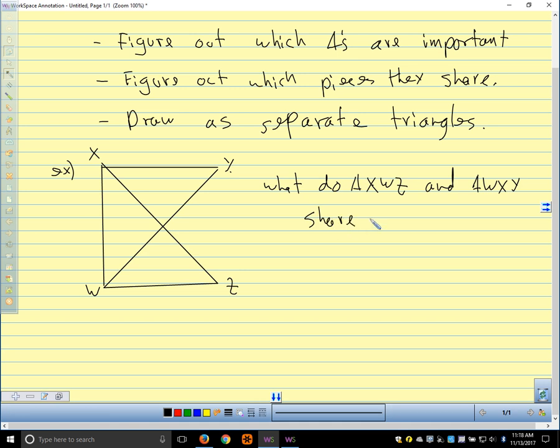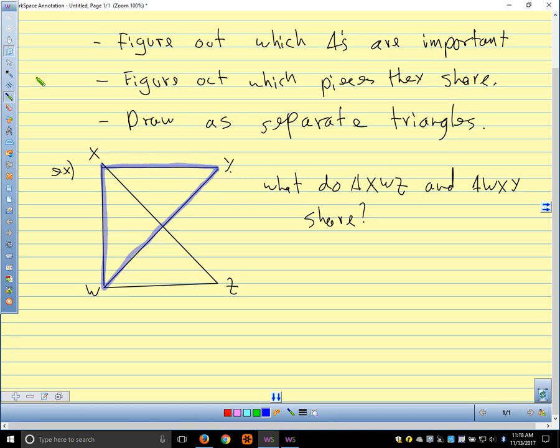So this problem tells us which triangles are important. So I'm going to highlight those. XWZ is one triangle. The other triangle is WXY.